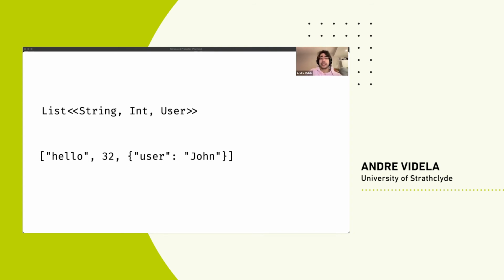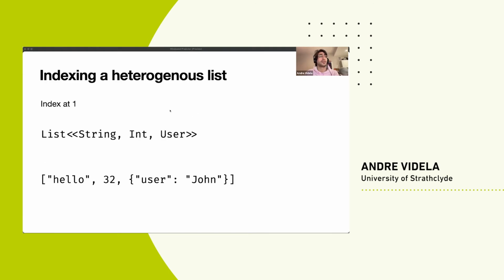But then it's not really clear how you're supposed to index into this list, because if I say, get me the element at index 1, I mean, it's a number, but how do you know that this number corresponds to an integer? Us as humans, we can see it because at index 1 we said there was an int, and then we look at the data, and at index 1 we have an int. But that's not very obvious for the computer.